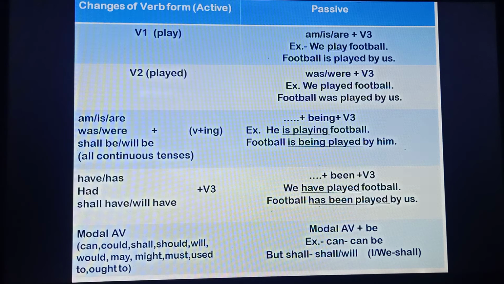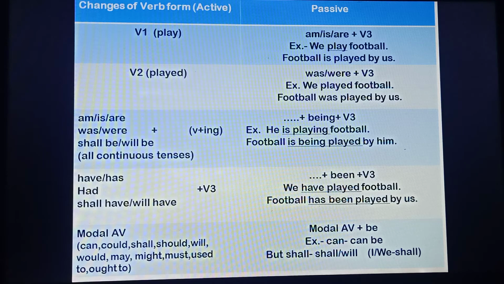We play football. You see the present form has been used. The subject is we, play is the verb, and football is the object. So the object will become the subject. With football you cannot write am or are; you have to use is. So: football is played. Then by plus us, the objective form of we.